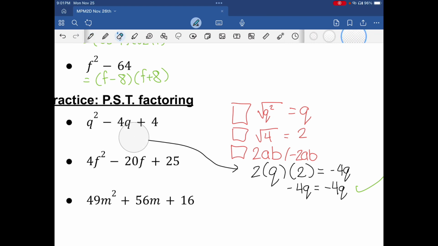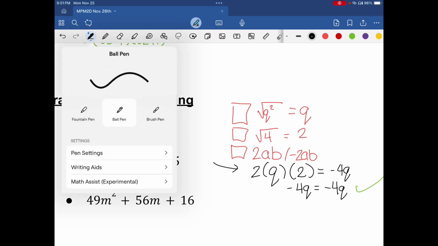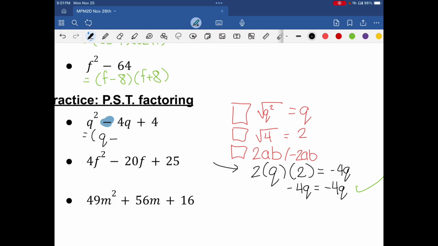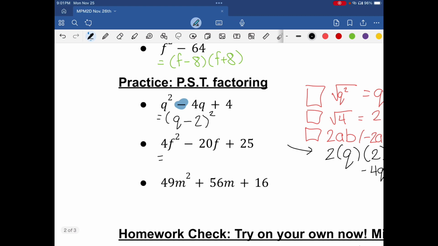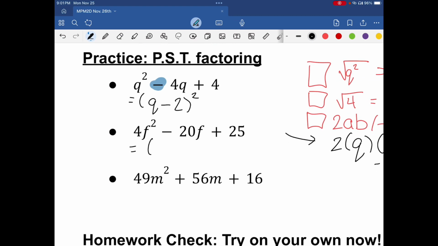So once I prove it's a perfect square trinomial, because the middle term has a minus sign, q minus 2, squared. Spoiler alert, these are all perfect square trinomials, so let's continue.